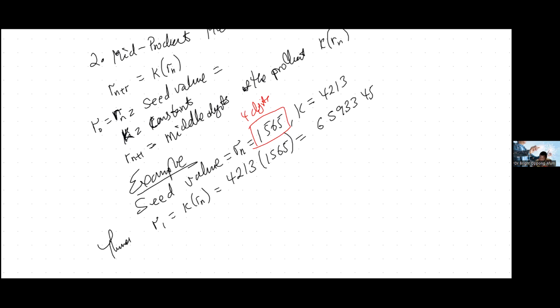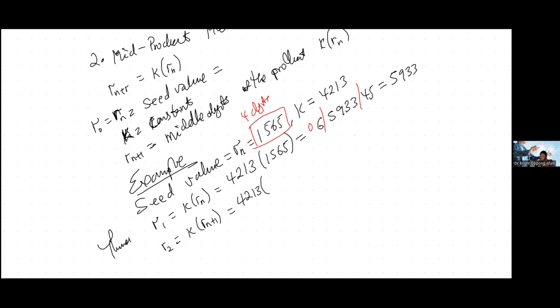So we can put 0 here, and we'll be able to say that the first random number is 5933.